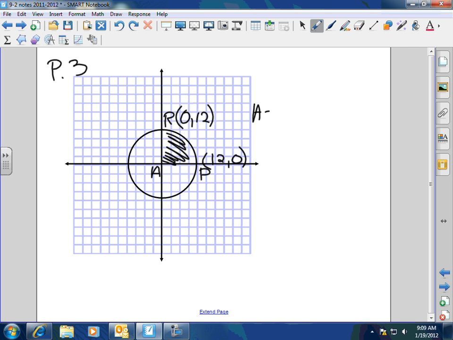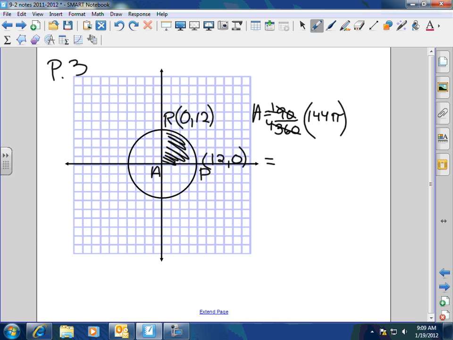So the area of this shaded region, or the sector area, would be central angle over 360 times pi r squared, the radius squared. So it'd be 144 pi. This breaks down to 1/4.